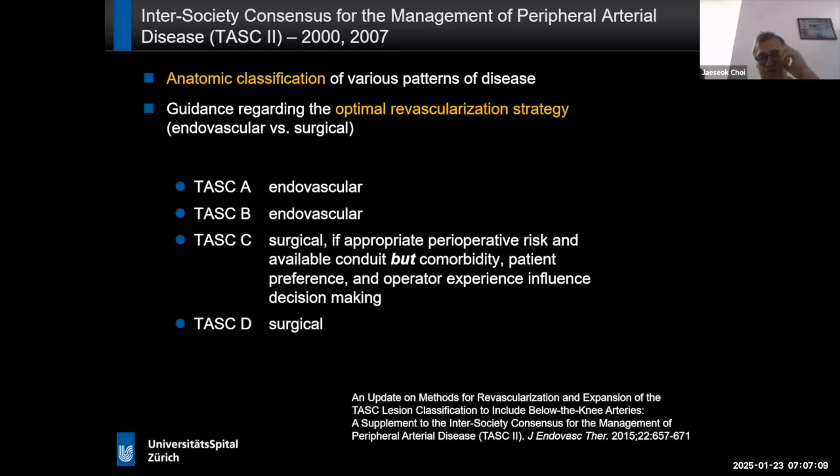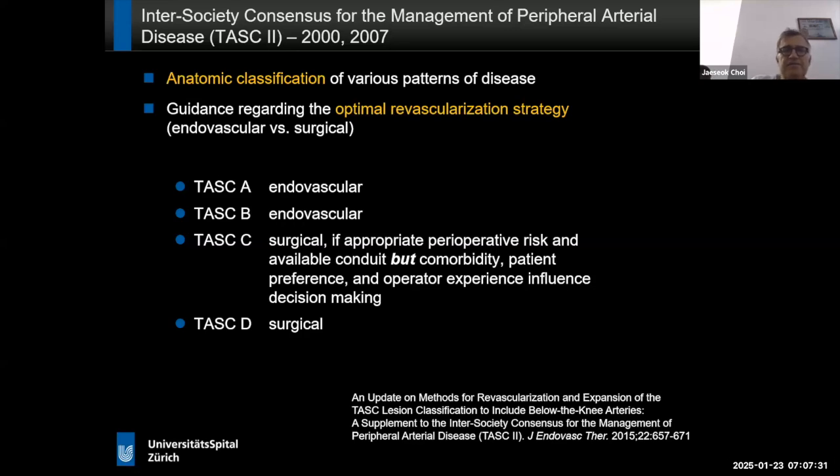The goal of that consensus conference was to divide between appropriate treatment, be it surgical or endovascular, and was essentially based on the anatomical findings of arteriosclerosis.